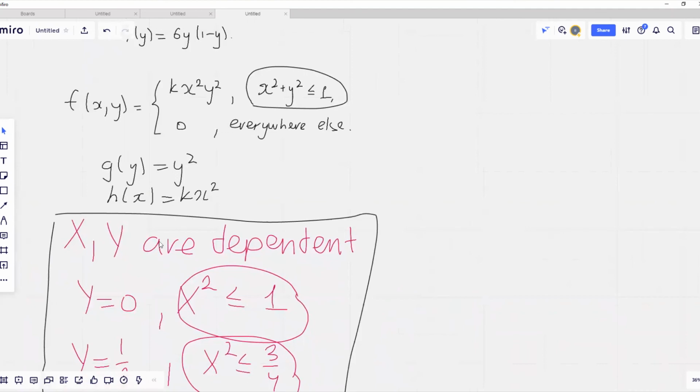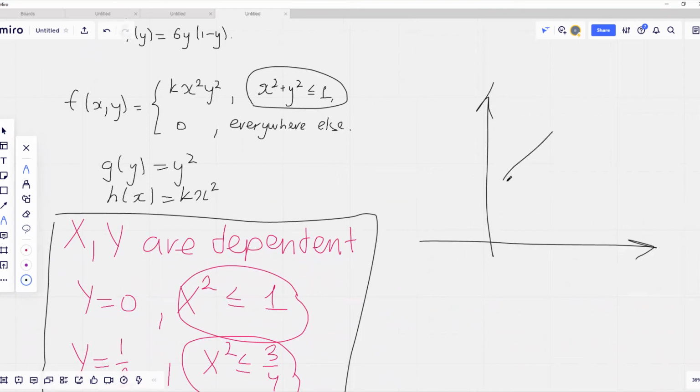In any case, when you have a curved boundary, or even a rectangular boundary with its sides not parallel to your coordinate axes, then your random variables are going to be dependent.